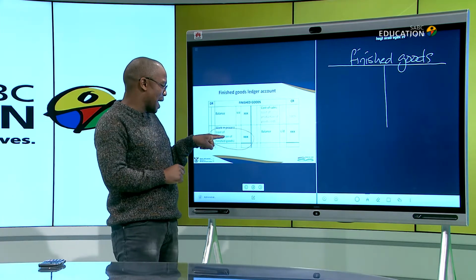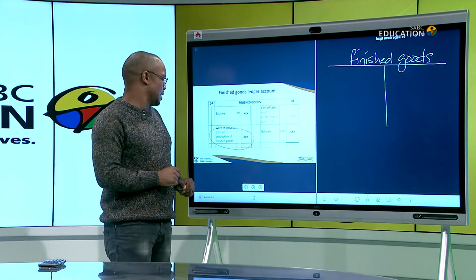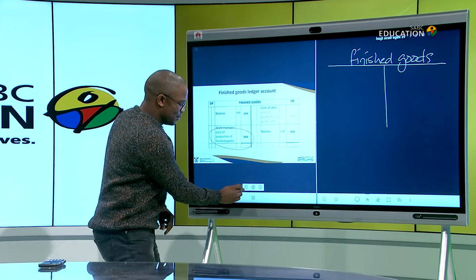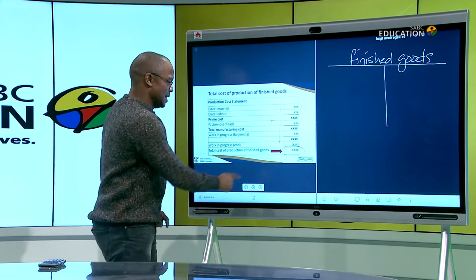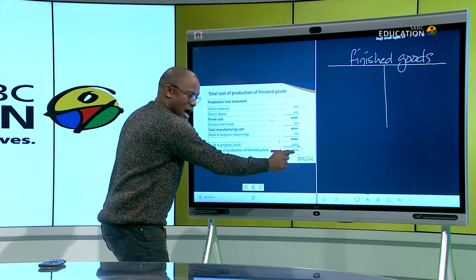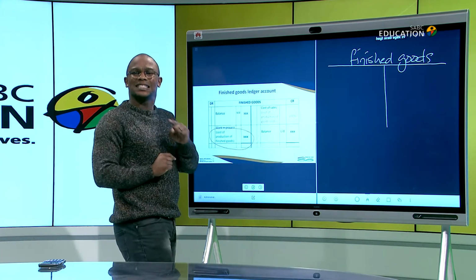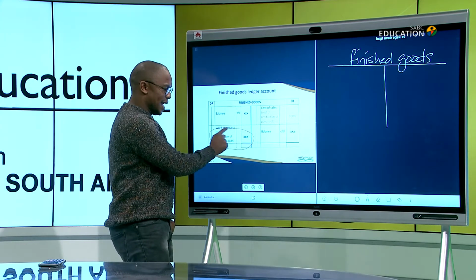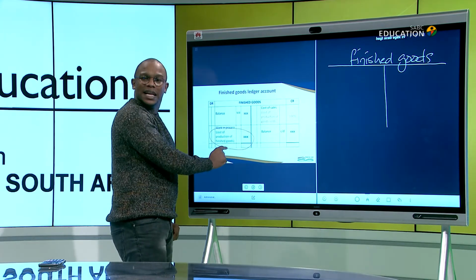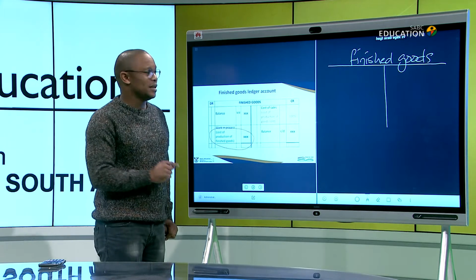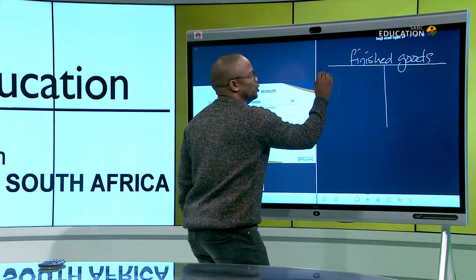They determine your cost of production of finished goods. Remember on the first slide, this blue amount, which is the total cost of production, must be the same amount that you get on your finished goods ledger account under work in process. Let's check how do you do this.